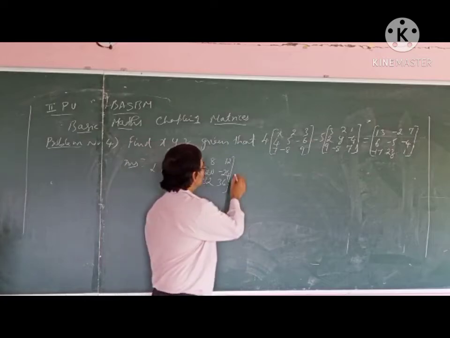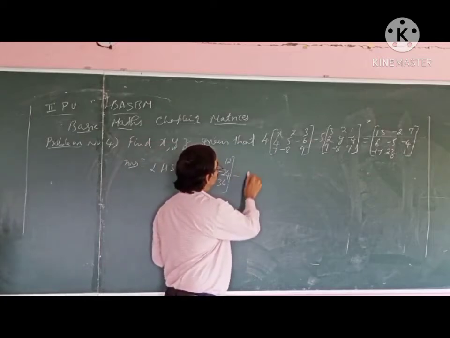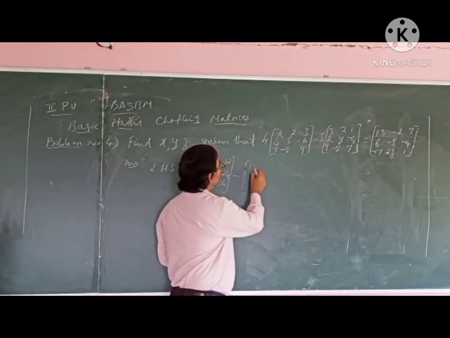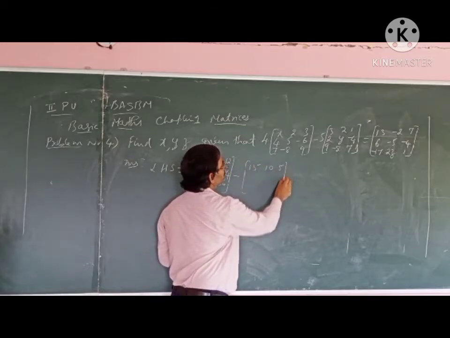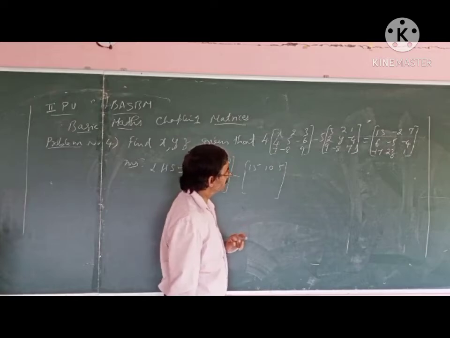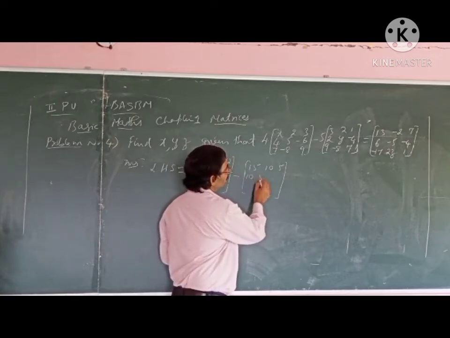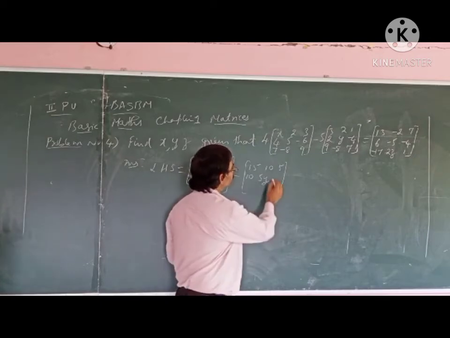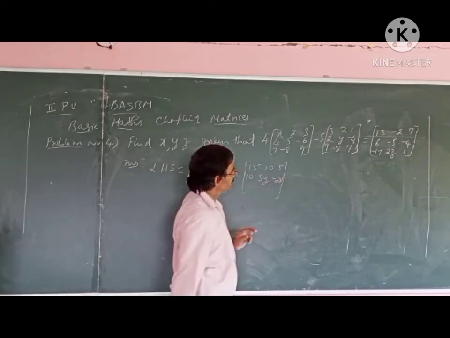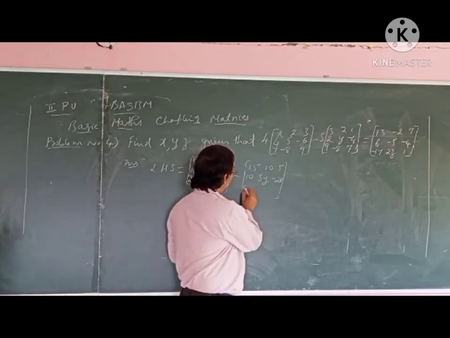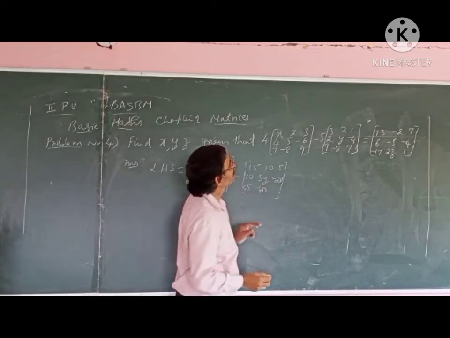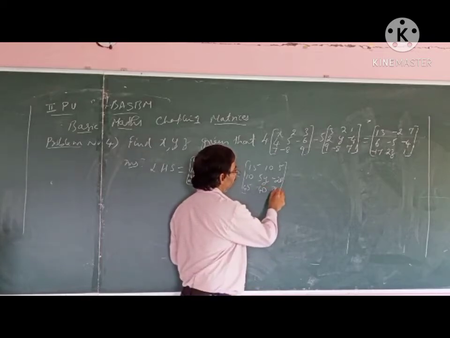Second one also multiply: minus 5 into all those things. 5 into 3, 15. 5 into 2, 10. 5 into 1, 5. 5 into 3, 15. 5 into 2, 10. 5 into 1, 5. 5 into y is 5y. 5 into minus 4, minus 20. 5 into 9, 45. 5 into minus 8, minus 40. 5 into 7, 35.